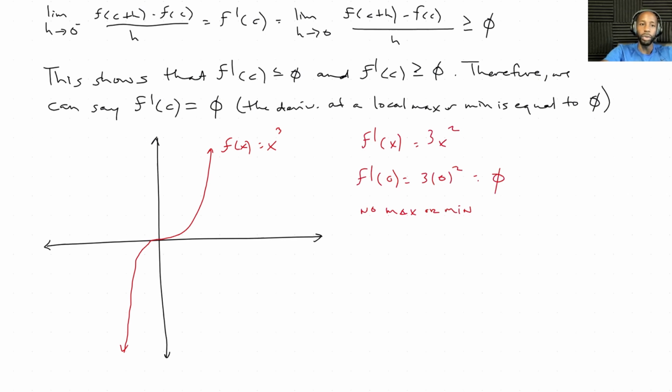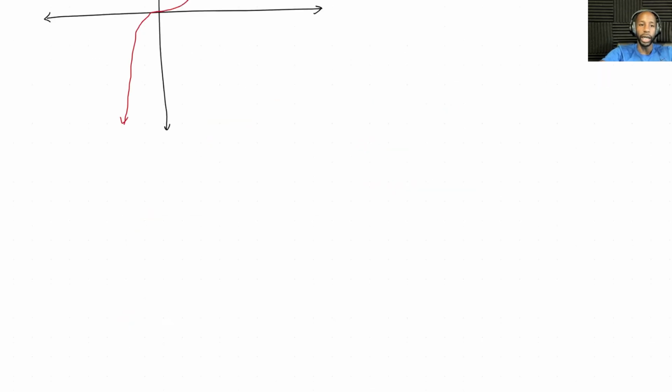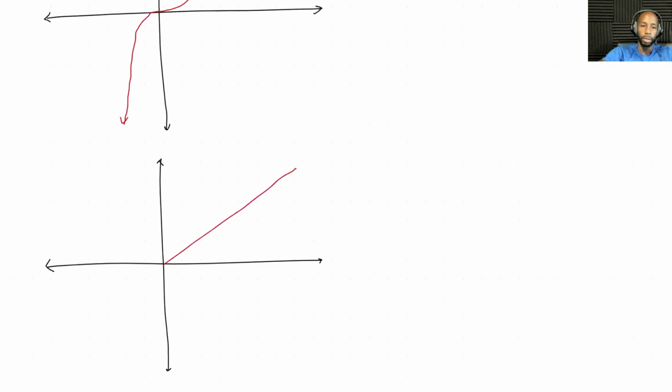Let me give you another example where Fermat's theorem doesn't apply. Say, for example, you have this thing here. So again, a rough drawing. This is f of x equal to the absolute value of x.